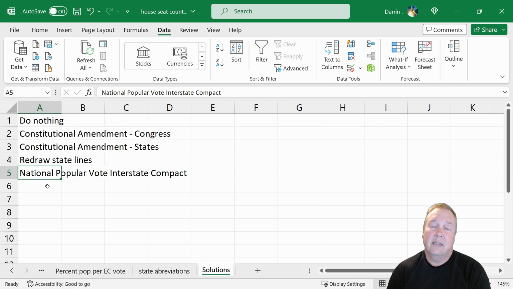What this is, is an agreement between states. It's a legally binding agreement where you hold the presidential election just like you do today.